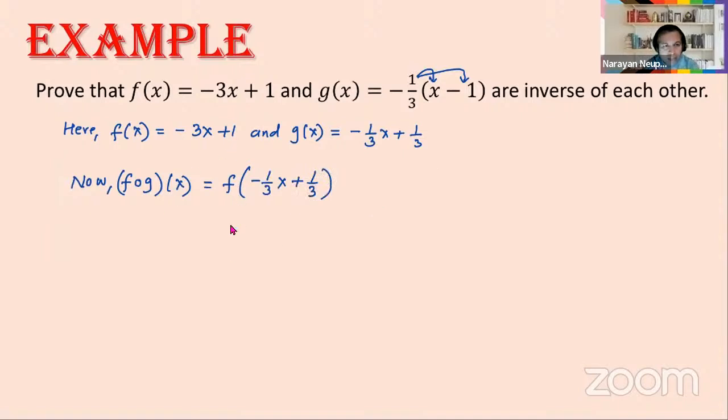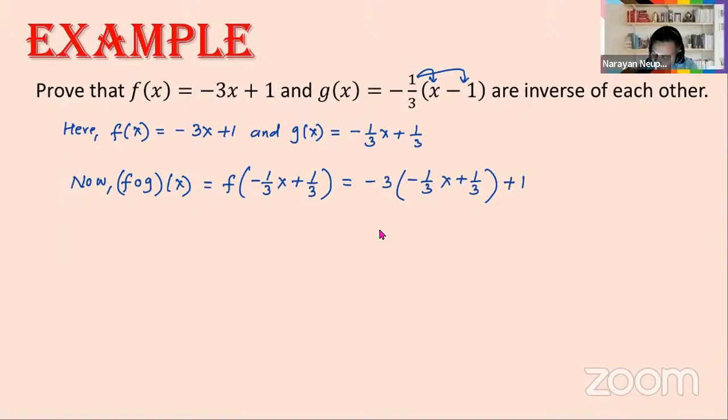And then the value of this function f is negative 3 times the value from the domain plus 1. So for this one, it will be negative 3 times, in place of x, we have negative 1/3 x plus 1/3. Then we have a plus 1. So let's simplify that and see what we get.